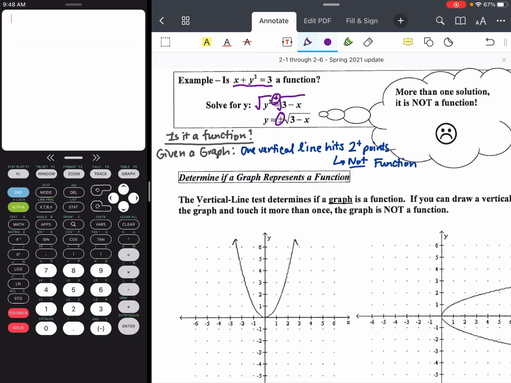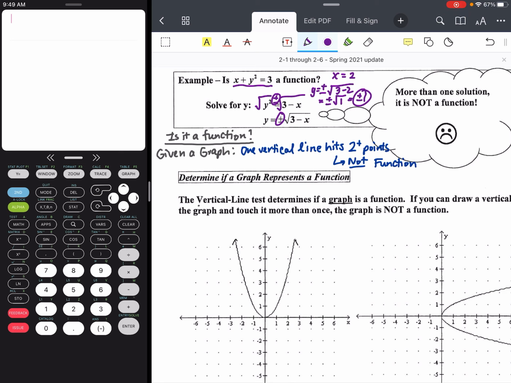So if we think of plugging in, let's see, we'll make a pretty number, x equals 2. If we plug in x equals 2, then y would equal plus or minus the square root of 3 minus 2, which is plus or minus the square root of 1, which gives you plus or minus 1. That's 2 y values, right?